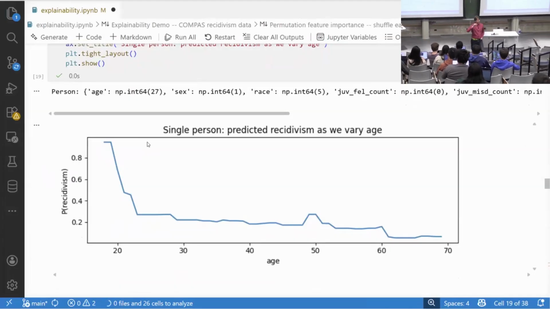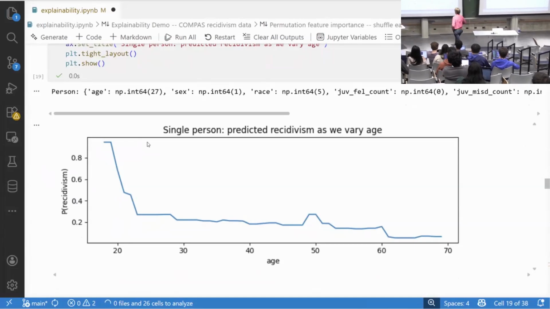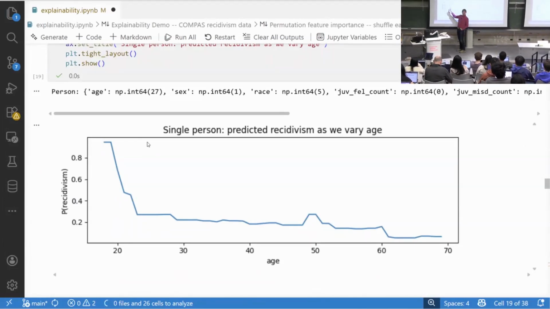I predict whether that person will reoffend, so you get the probability here, let's say this was this person here, and now I change their age. I just change their age and make another prediction. And I see the higher I set the age, the lower the model thinks the probability is going to be. And if I reduce the age, it's going to be higher.